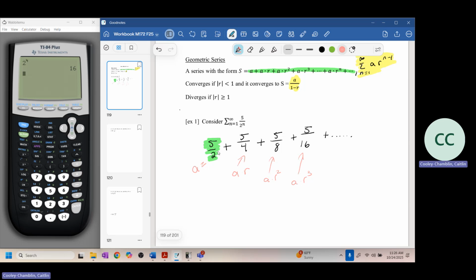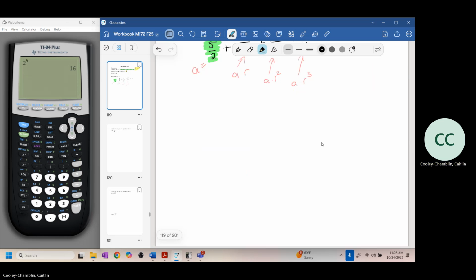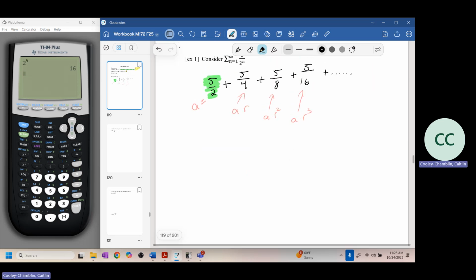So what I'm going to do is factor the A out because all of these have A's in them. I'm going to show you a different way to do this in a second. This has an A, this has an A. They all have A. So I'm going to pull the A out. I'm going to factor out 5 divided by 2. And this is 1. So I'm going to start dividing these. Maybe you can do this in your head. I cannot.